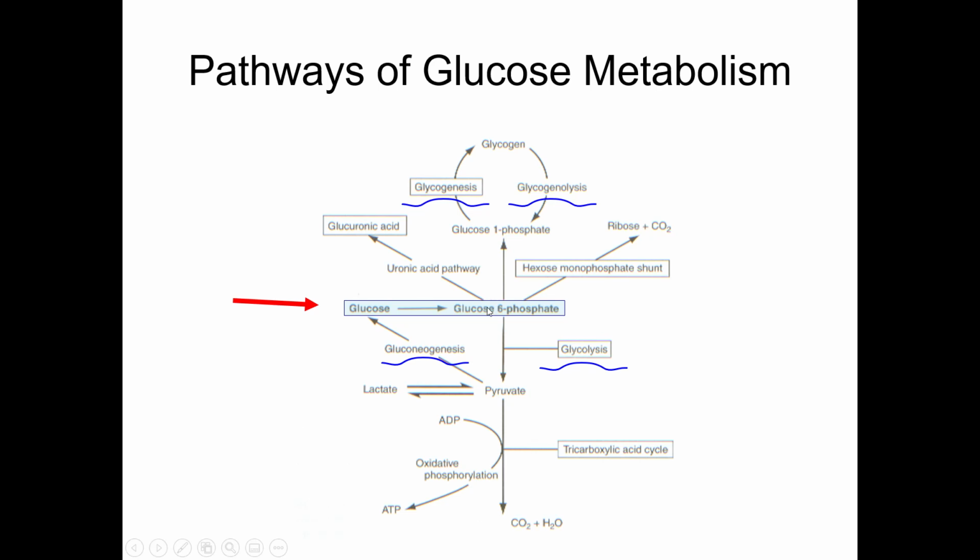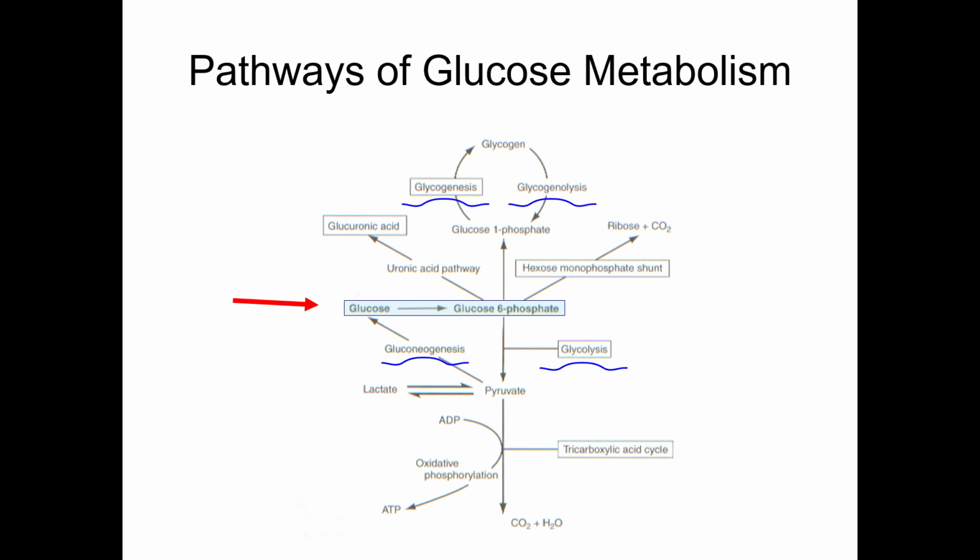If we don't need a lot of energy at the moment, or if our cells don't need to go through the process of cellular respiration, glucose 6-phosphate can be converted to glucose 1-phosphate, and that can start the process of storing glucose in either the liver or the muscles as glycogen. So we can go through the process of glycogenesis to create glycogen.